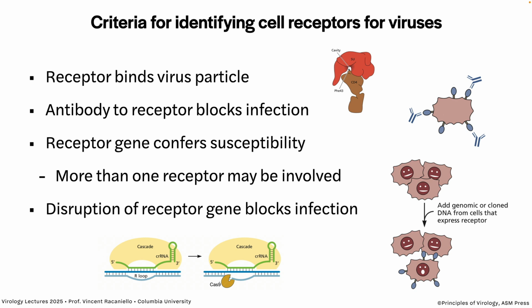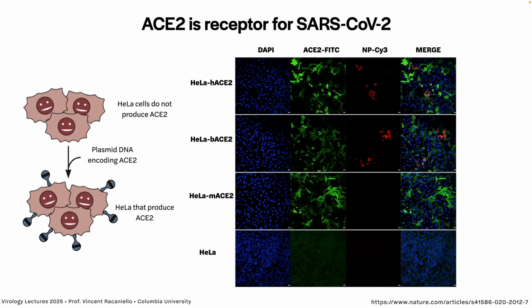So these are some of the many things you can do to show that a specific gene encodes a virus receptor. So here's an experiment from the early days of SARS-CoV-2, which identified ACE2 as the receptor. Now remember, in the very beginning, we had patients with unusual pneumonia.